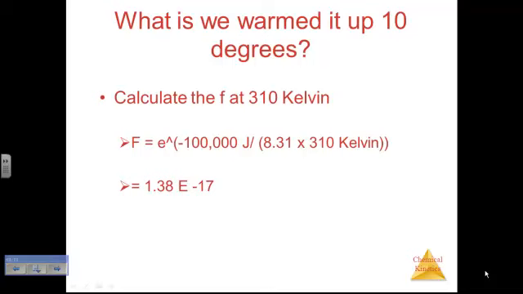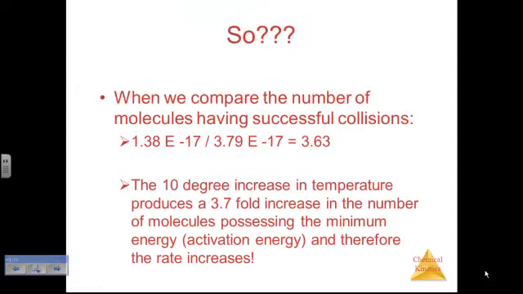Close parenthesis twice, equal. We get a number. That number has no unit. It's a fraction. But now what is interesting is comparing the two numbers. Let's place the larger over the smaller and see what we find.